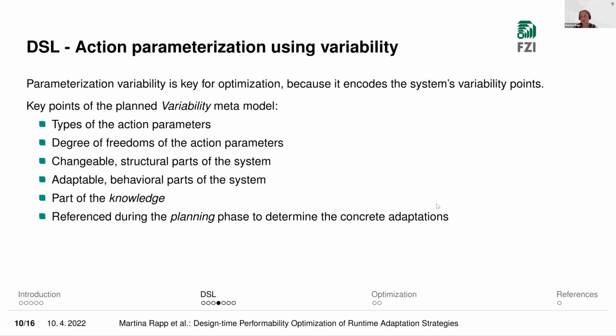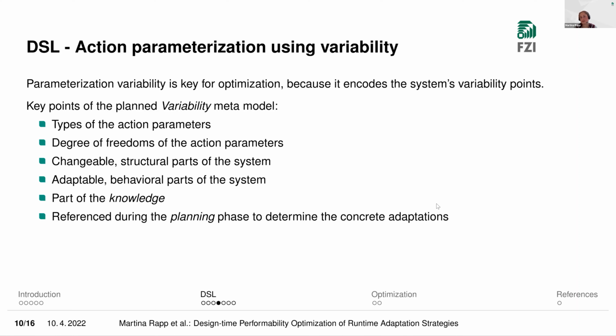So what is action parameterization using variability in this setting? We believe that parameterization variability of actions is key to optimization because it encodes the system's variability points. So therefore, the key points of our planned variability meta model are the types of the action parameters, the degrees of freedom of the action parameters, the changeable structural part of the system, but also the adaptable behavioral part of the system.